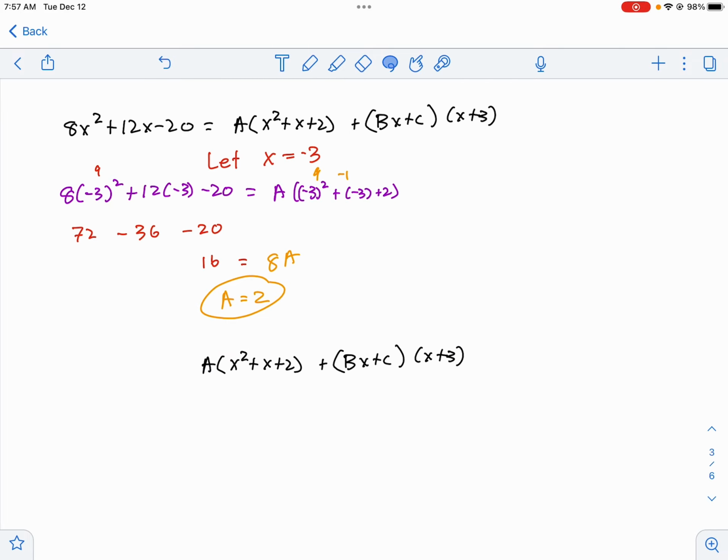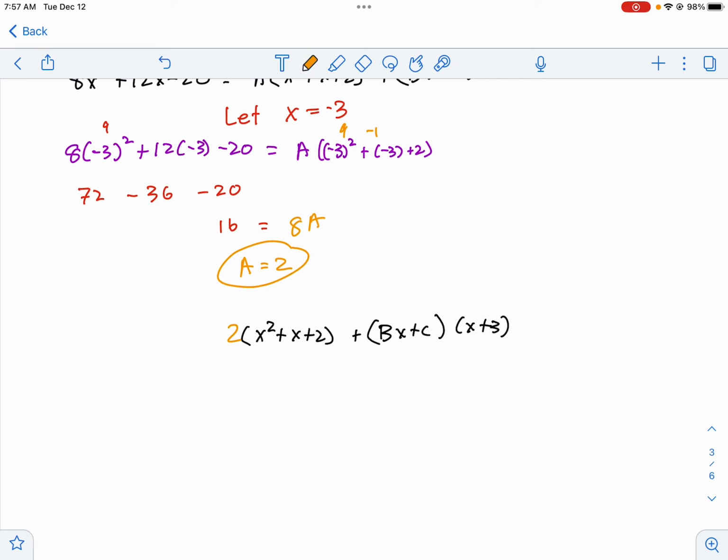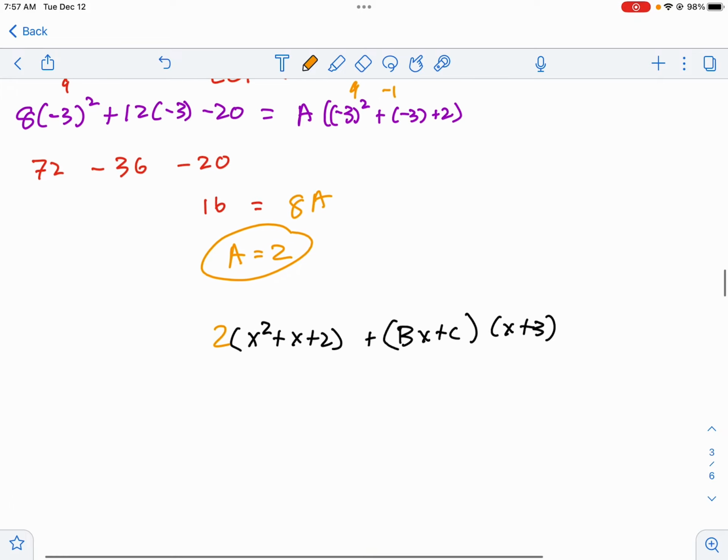What I'm going to do is substitute 2 for A because I know what that is. And now I'm going to do my whole distribution and everything.